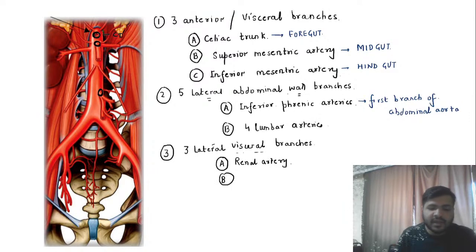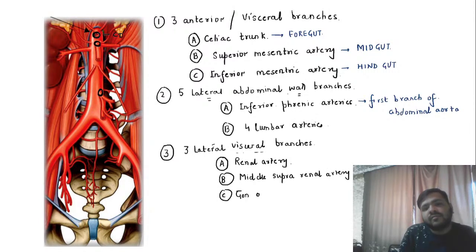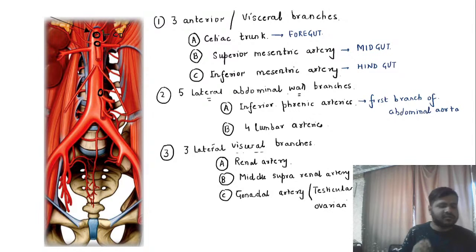Apart from that, we have the middle suprarenal artery, and the third one is the gonadal arteries. It is testicular in males, and in females we call it the ovarian artery. I hope this point is now clear to you.